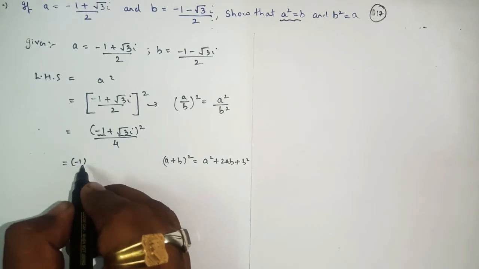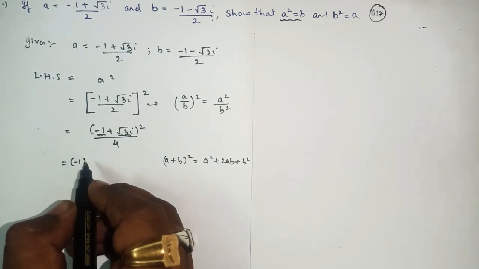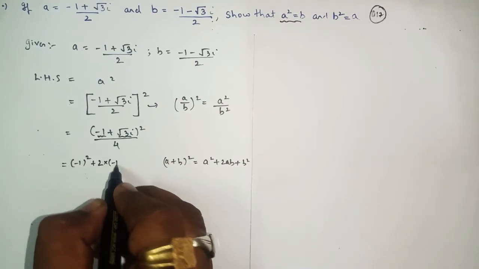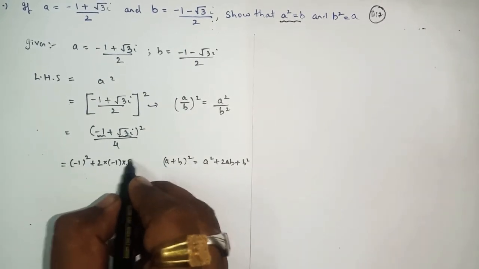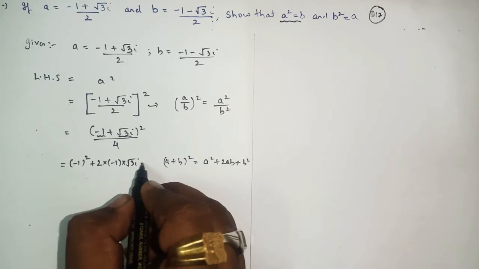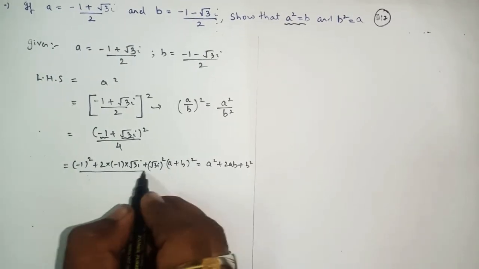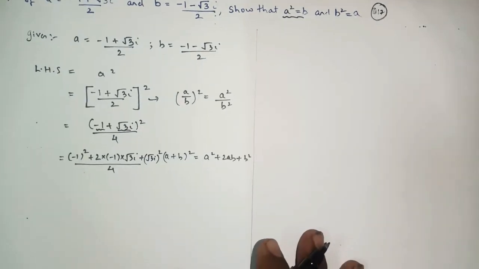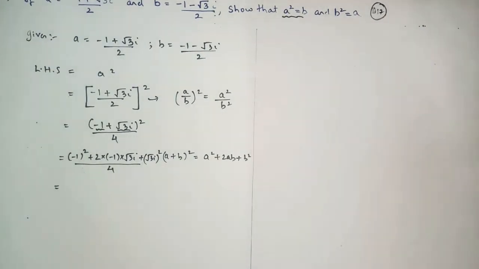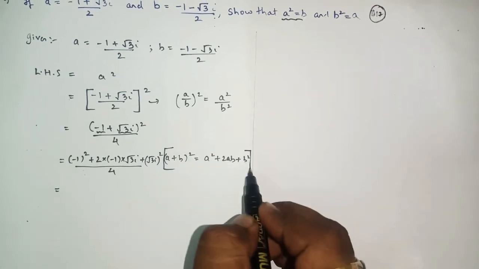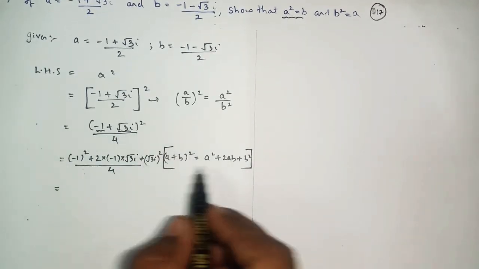So a square plus 2ab plus b square upon 4, we will write the same as it is. So this part looks like (a + b) the whole square.